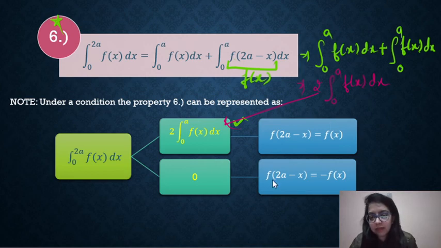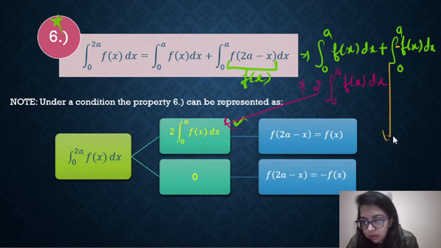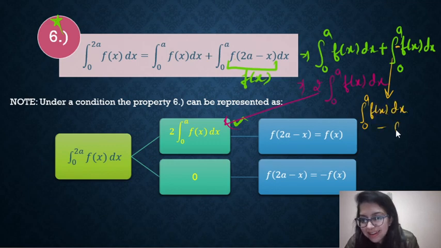And if I get f(2a minus x) equal to minus f(x), then I will get 0 over here. And how I am getting 0 over here, let's see that also. If I just write minus over here, what I will get is the opposite sign. I am writing it just below this: the integral from 0 to a of f(x) dx minus the integral from 0 to a of f(x) dx.